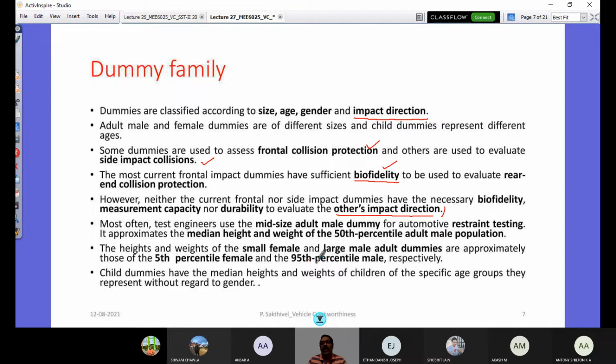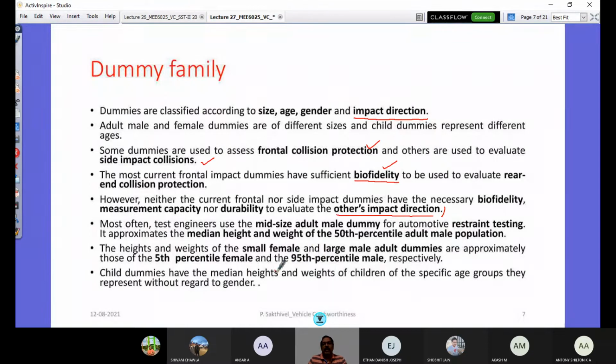So 50th percentile means 50% of the population is below this. It is a kind of average, representing the adult population. 95th percentile male means it is a big brother, and it accommodates 95% of the population below it in the human community. So if you take 100 people and 95 of them are below, that is the meaning of this.